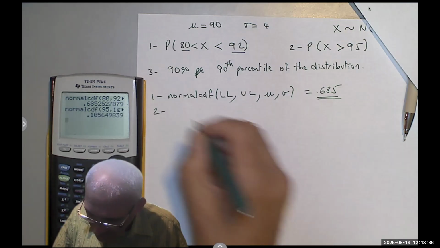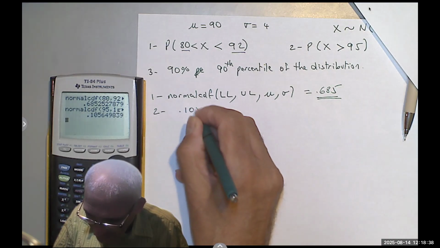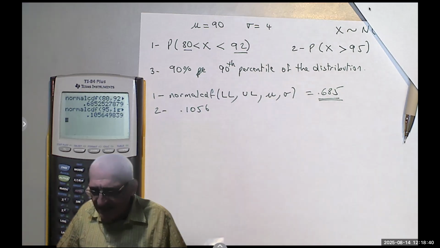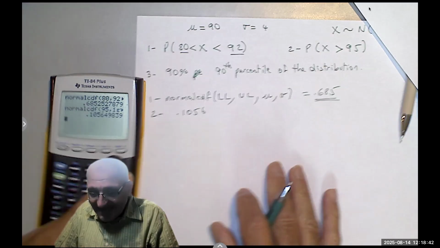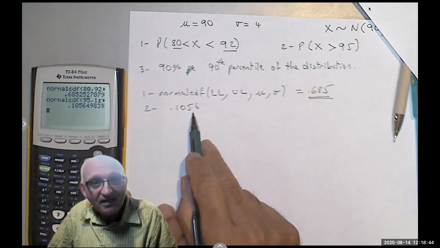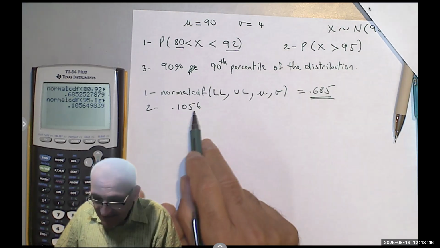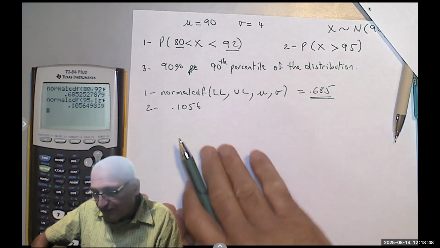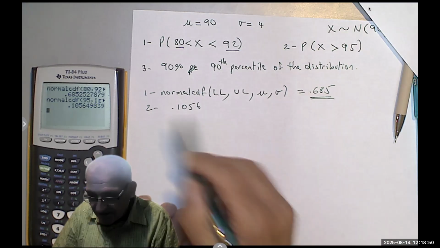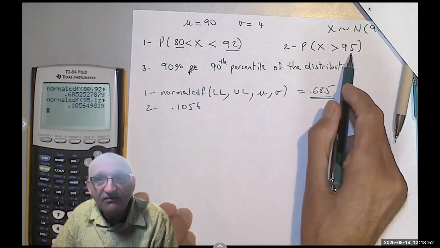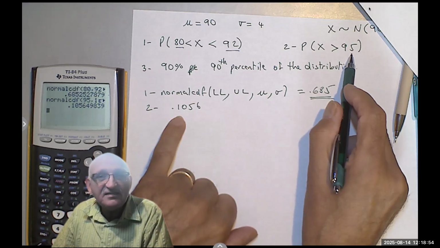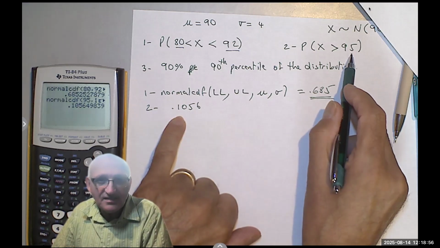And that gives me 0.1056, roughly 11%. But that is telling you something: there is an area of 0.1056 to the right of 95, which is roughly the 90th percentile, right? It's 89.44 or something.